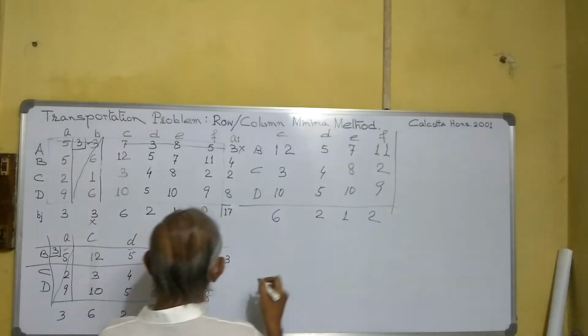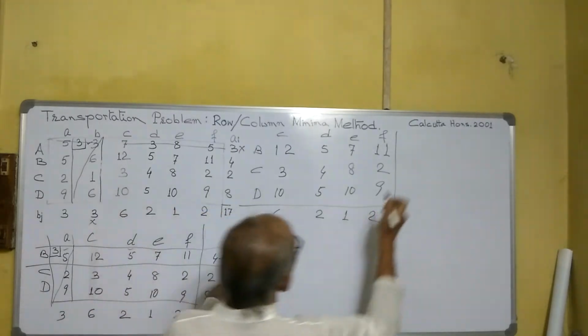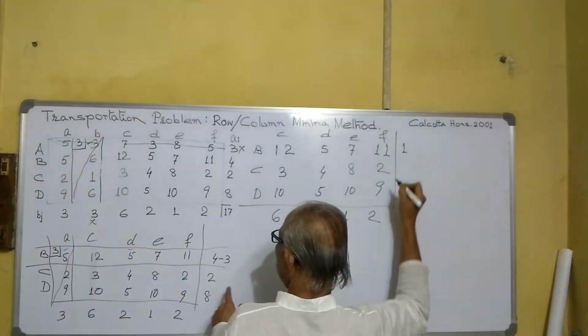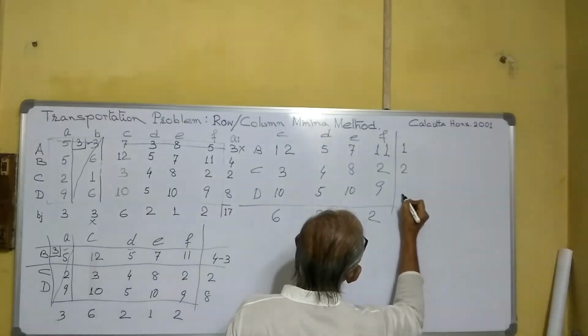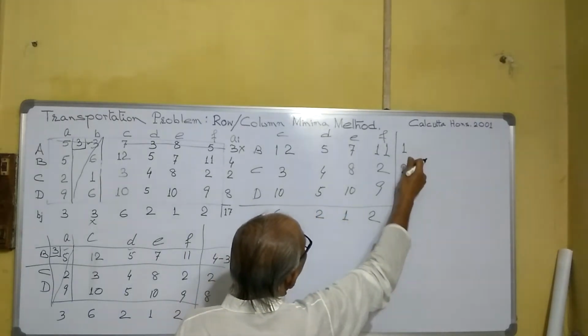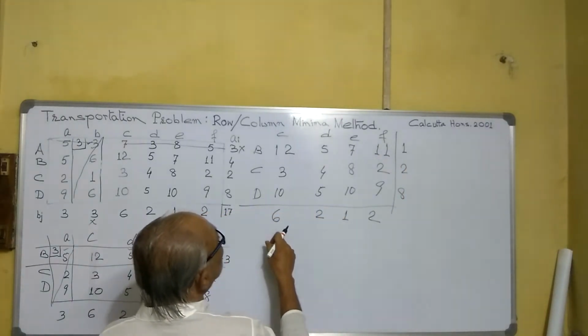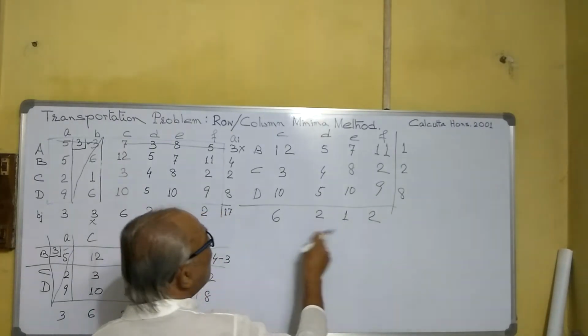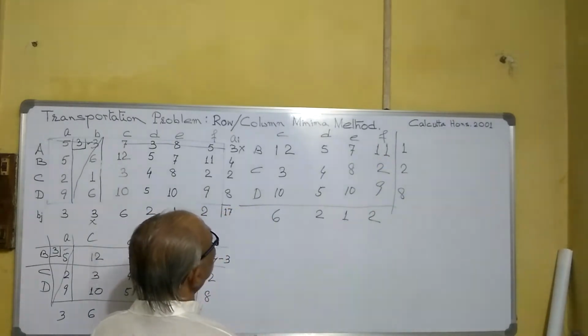Availables are, see here it was 4 minus 3, so it is 1, 2, 8. Check it. 1, 2, 3 and 8, 11. 6 and 4, 10 and 1, 11. It should be equal in each step.